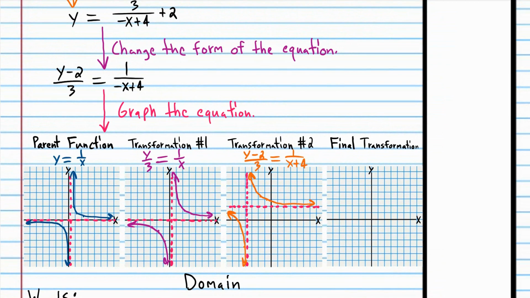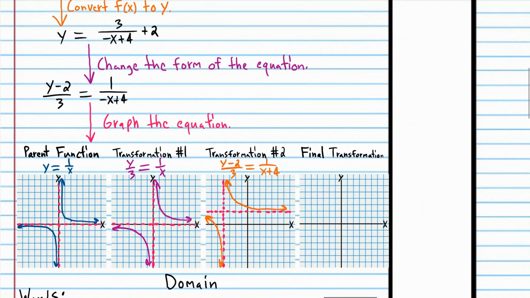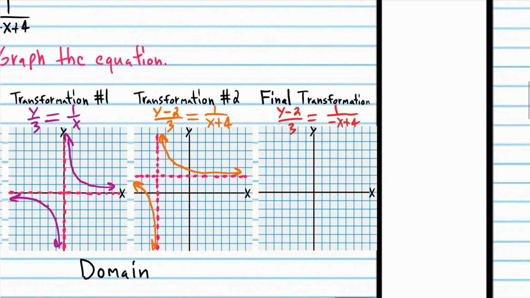Okay, so now we're going to reflect. We're going to replace x with -x. And that reflects across the y-axis. So the vertical asymptote is going to move over. It's going to flip over the y-axis. And that's not going to change the horizontal asymptote at all.